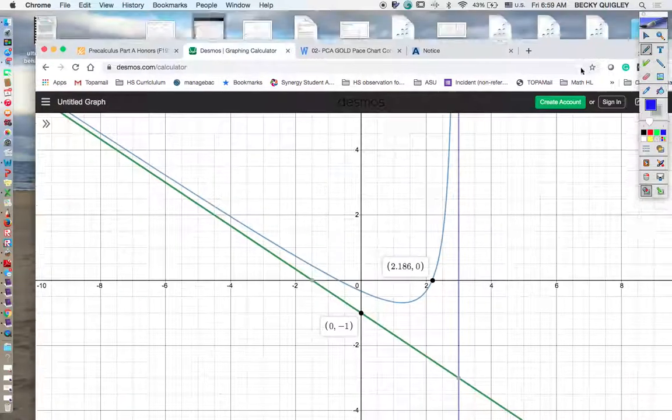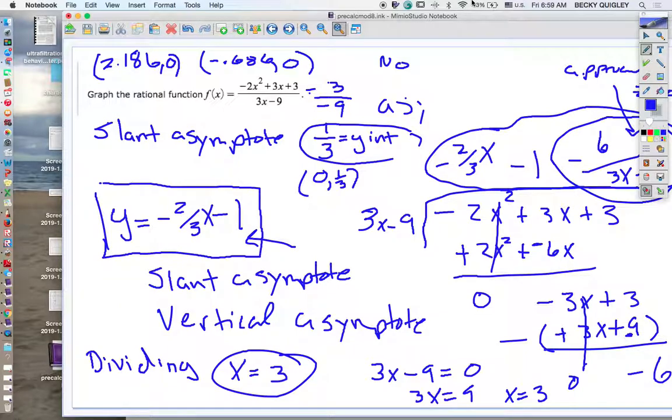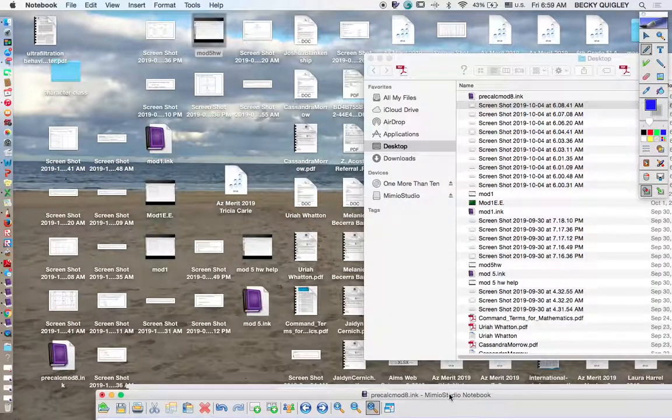Our y-intercept here at negative 1. Is that what I got? Why doesn't that sound right? Where's my y-intercept? Why do I have a y-intercept at 1/3? Let's see, so 0, 0, 3 over -9. That's -1/3.